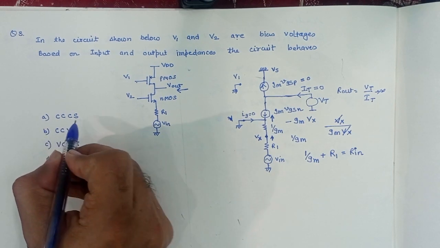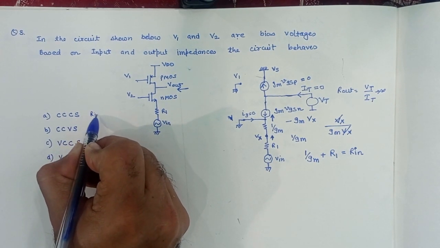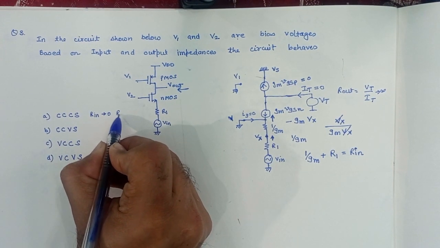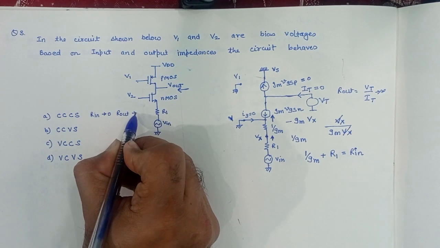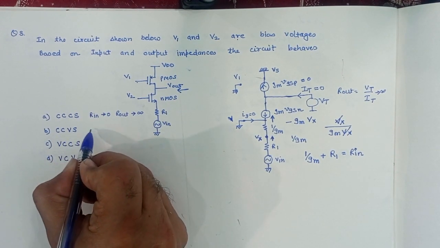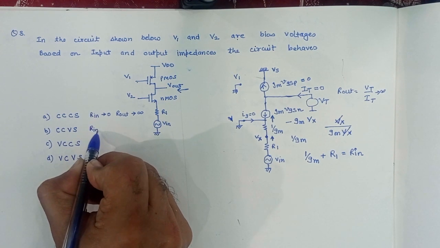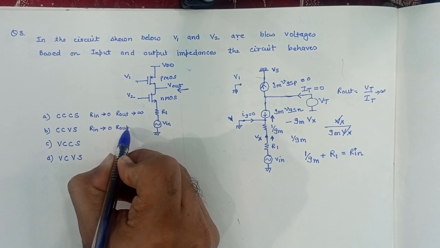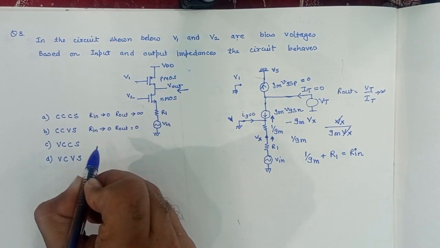Current controlled current source is having input impedance equal to 0 and output impedance equal to infinite. Current controlled voltage source is having input impedance equal to 0, output impedance equal to 0.